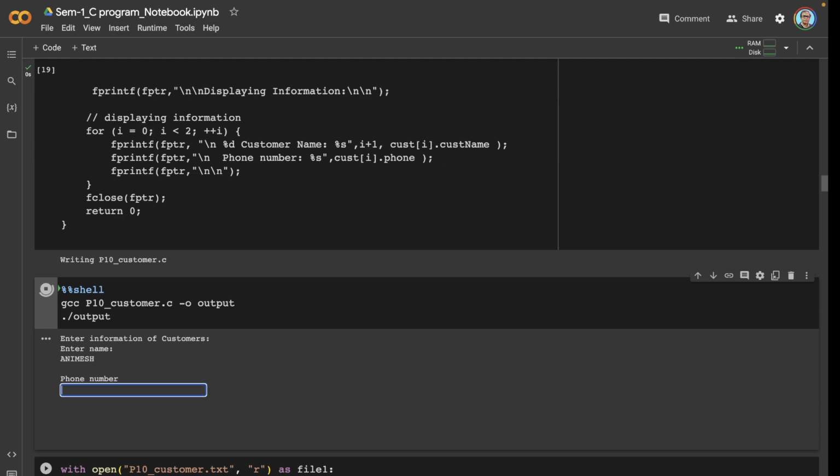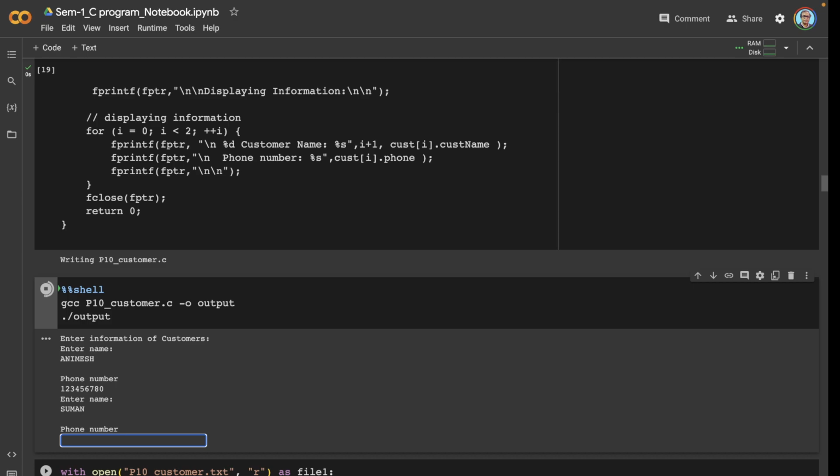Enter phone number, 123456789. And the next customer's name is one, and the phone number is 98765423.